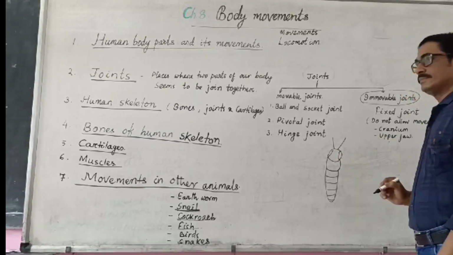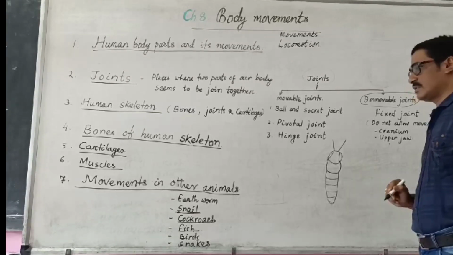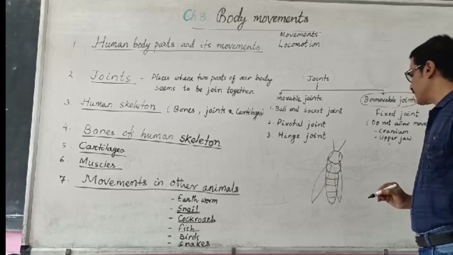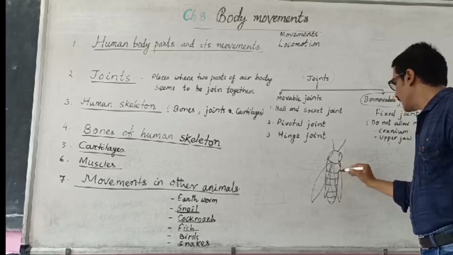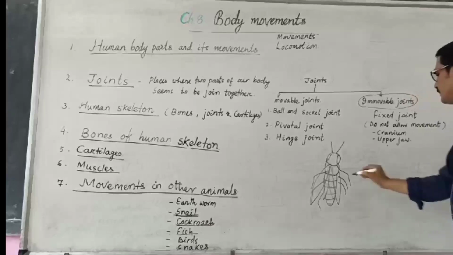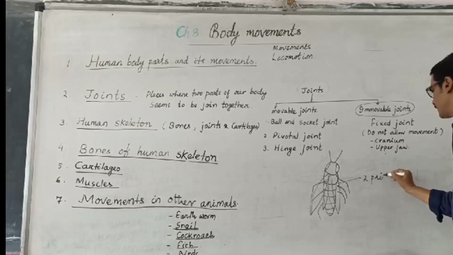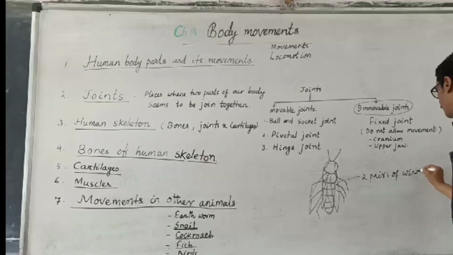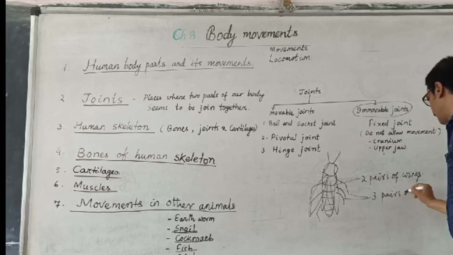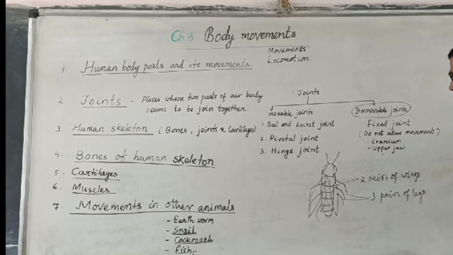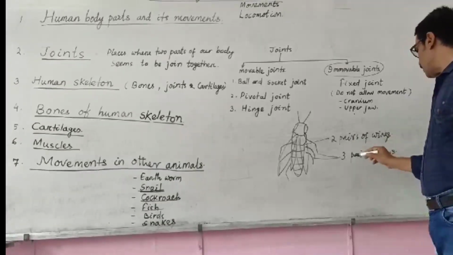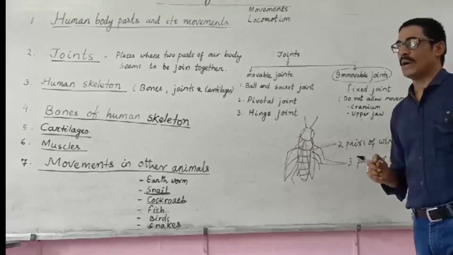The thorax region contains breast muscles, which carry two pairs of wings and three pairs of legs. The two pairs of wings help it to fly, and three pairs of legs help it to walk or climb.